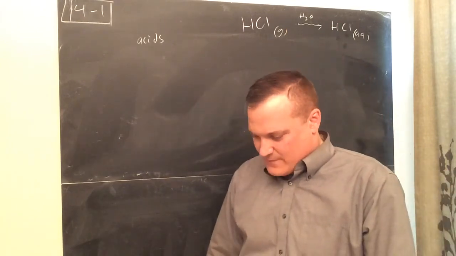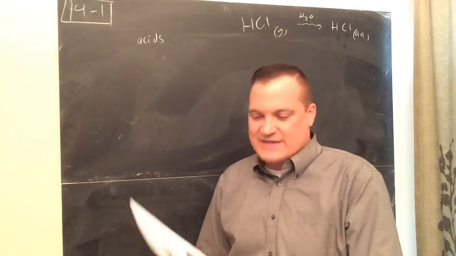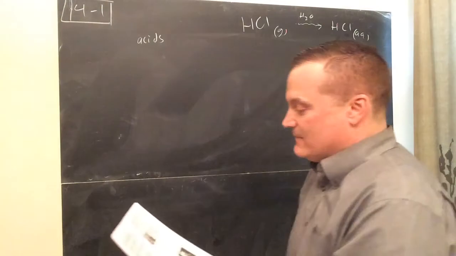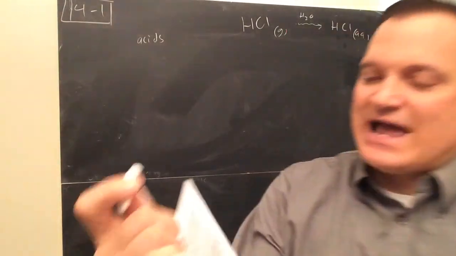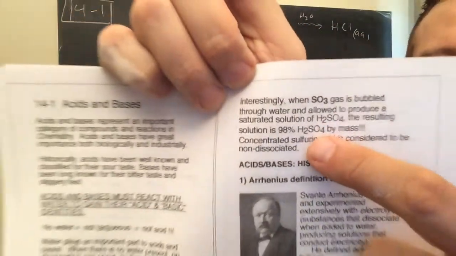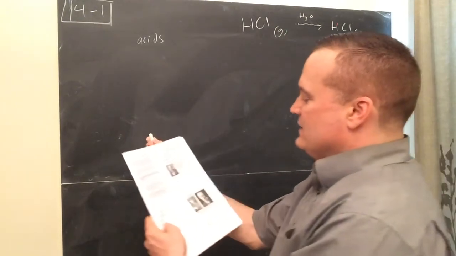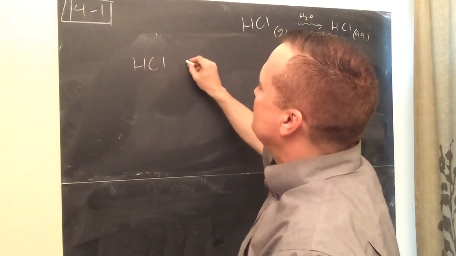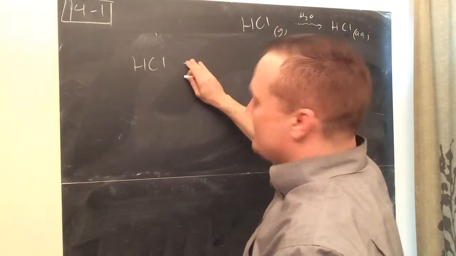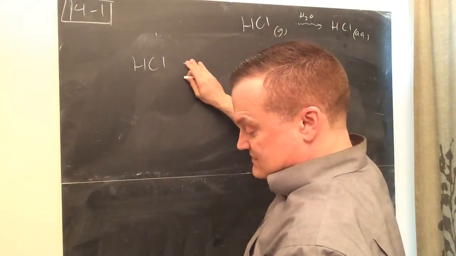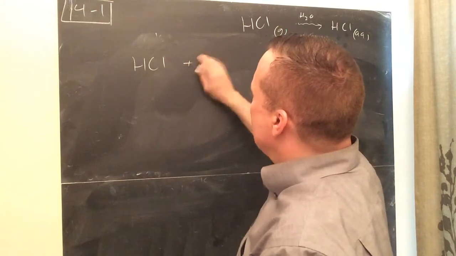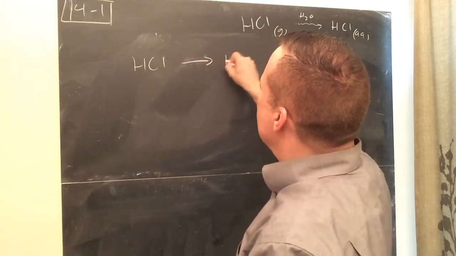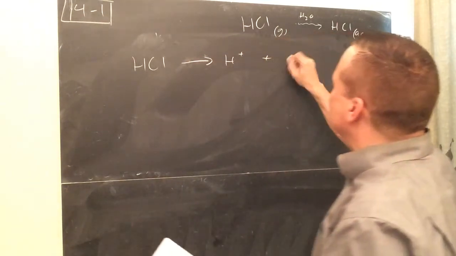Okay. The first definition I have of acid and base is by Svante Arrhenius, called the Arrhenius definition of an acid and base. Actually, I have that little bit about H2SO4 written above it. But there he is. So he says an acid is a substance that when you put it in water, it breaks up into H plus and the anion.